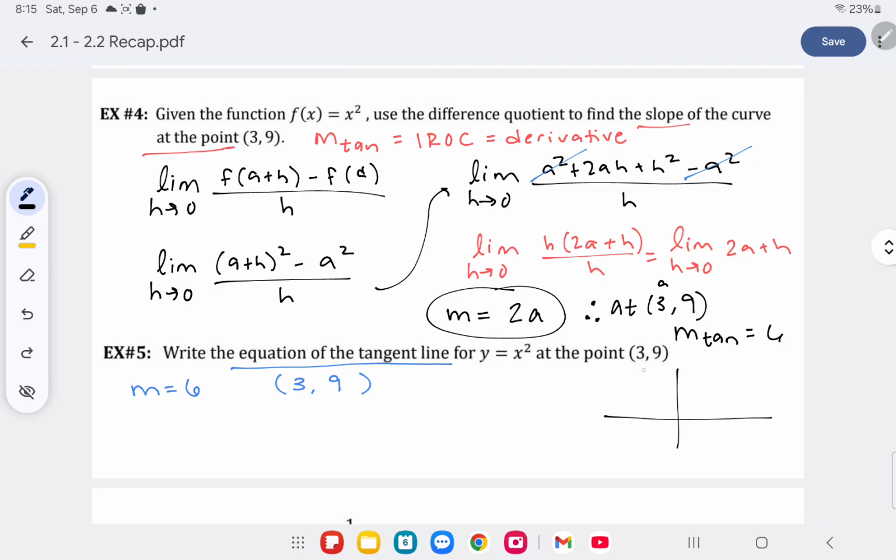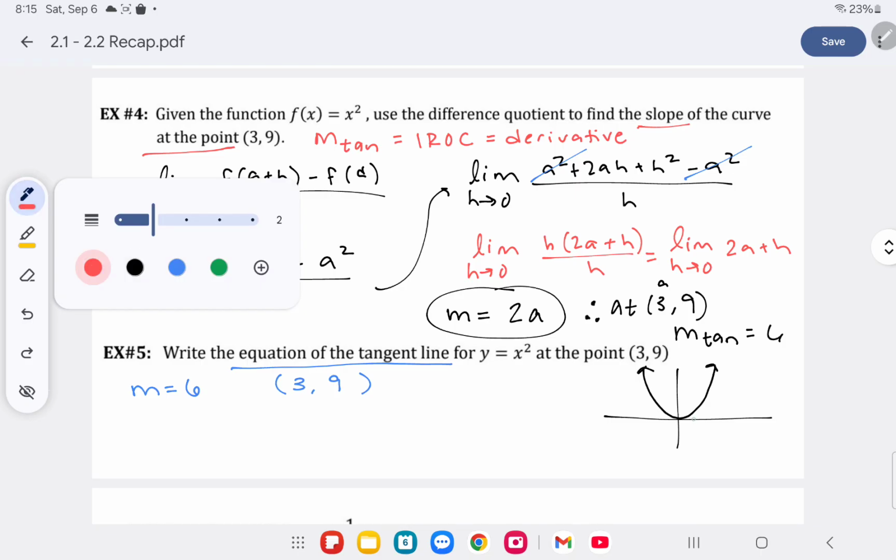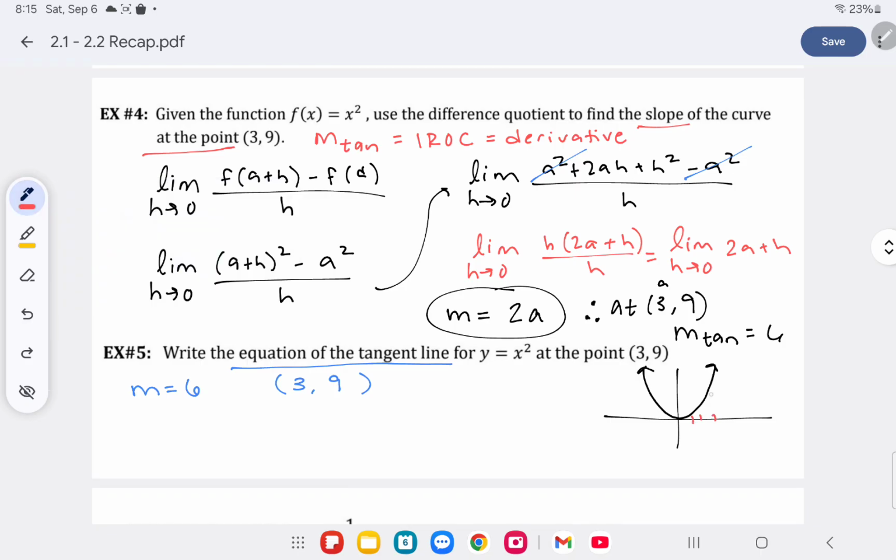We have the graph x squared, which is the parent function of a parabola. What we're saying is that at the point 3, 9, if I draw the tangent line right there, the slope of that tangent line is 6. So now in this next example, it wants us to write an equation for that tangent line.